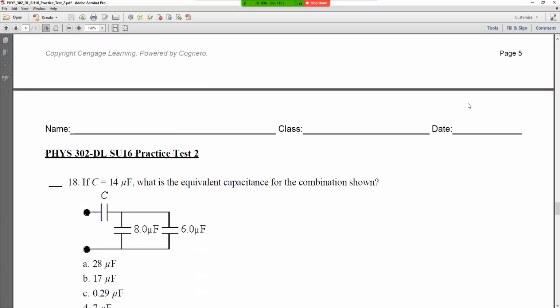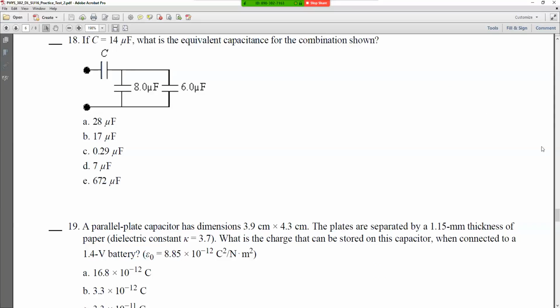And number 18, what is the equivalent capacitance for the combination? Okay, so we know that, I'm just going to give you the answers to this because I'm running out of time to get ready for the next session. So these two are parallel to each other.